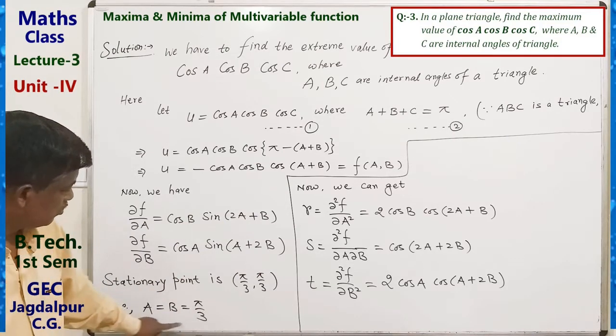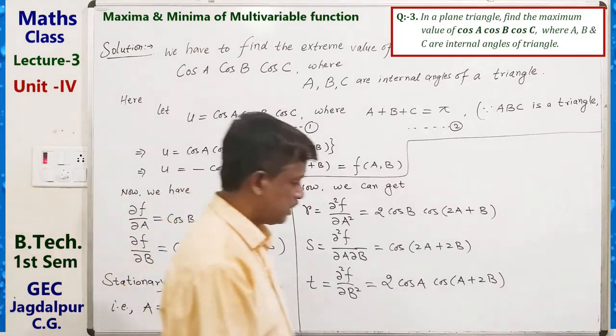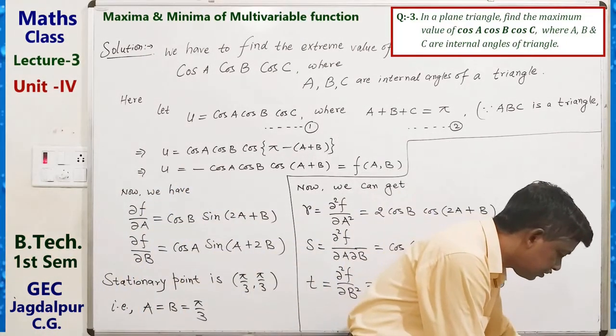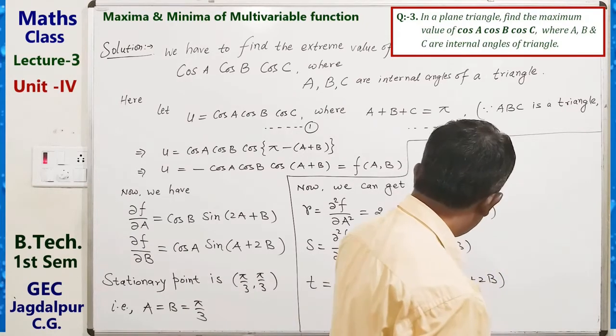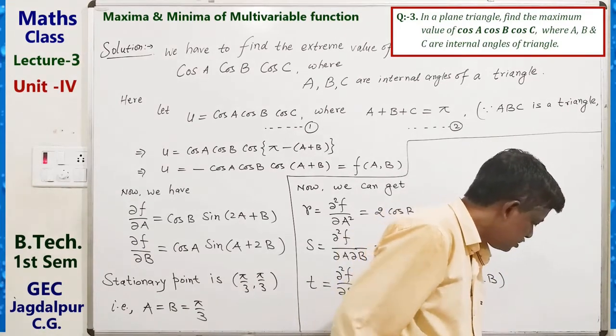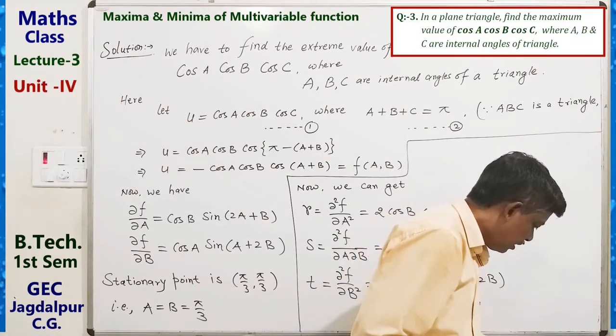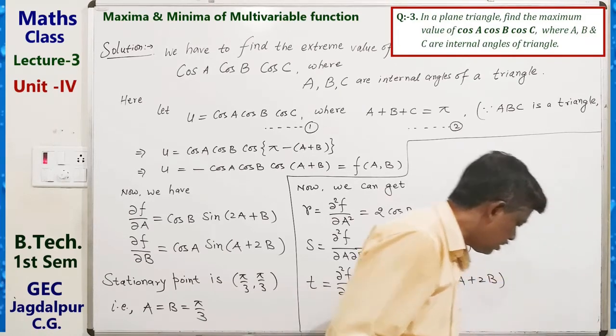Its value at pi by 3 we can find by just putting a equal to b equal to pi by 3. So get its value, 2 cos(a + 2b). So r is minus 1, s is minus of, t is minus 1.